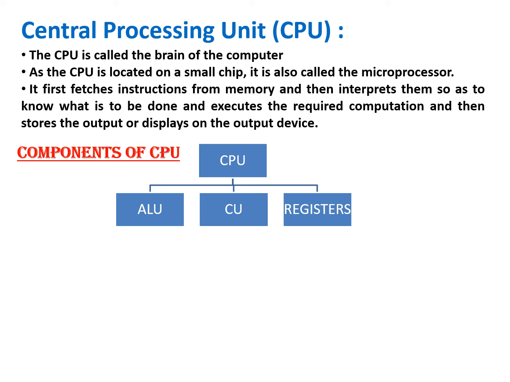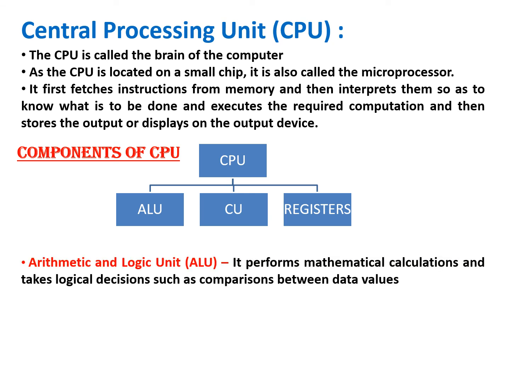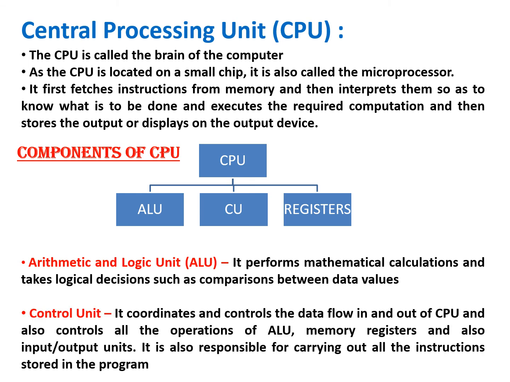For example, 3 is greater than 5. We are doing the comparison. There ALU works. Then CU, that is your control unit. It controls the whole processing of the data, starting from the input unit to the processing unit to the output unit. Registers are the memory locations where data is getting stored.